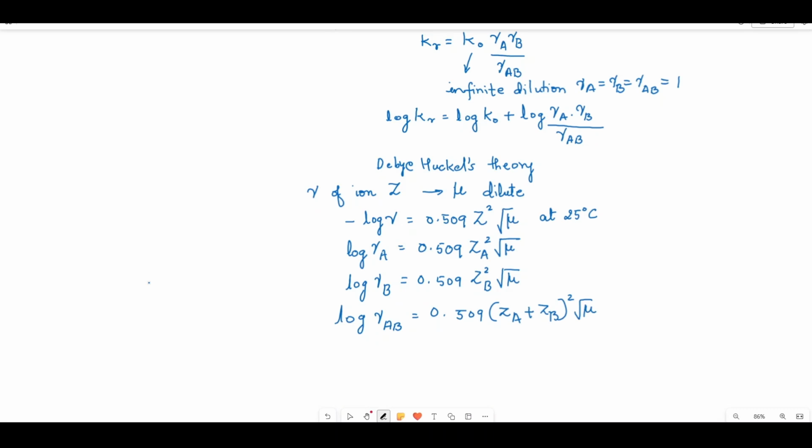Since we have got all these values, we can substitute all these values in the expression for Kr.